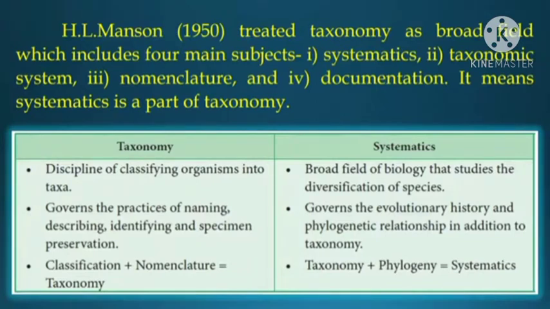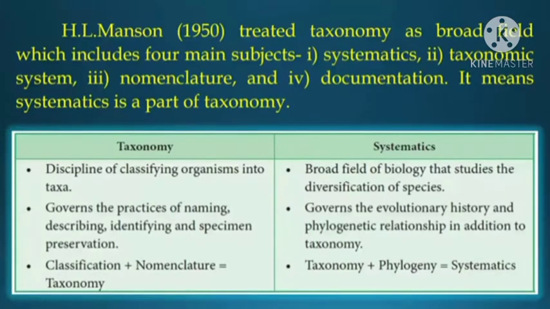What is the relationship between taxonomy and systematics? Learn from the table. Taxonomy is the discipline of classifying organisms into taxa. Systematics is a broad field of biology that studies the diversification of species. Taxonomy governs the practice of naming, describing, identifying, and specimen preservation.